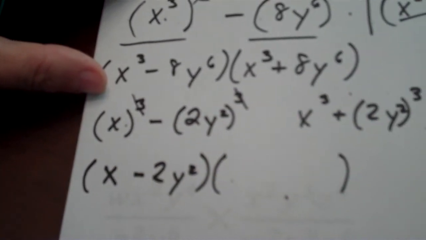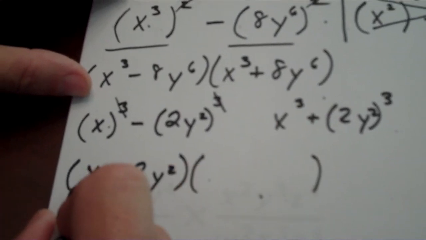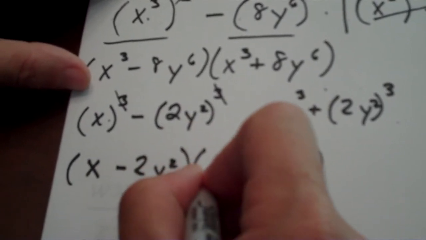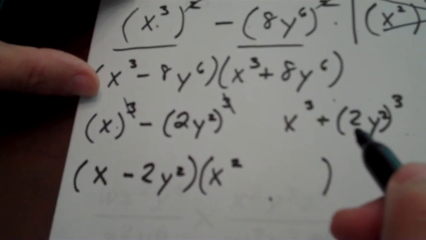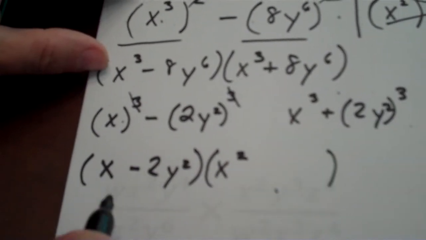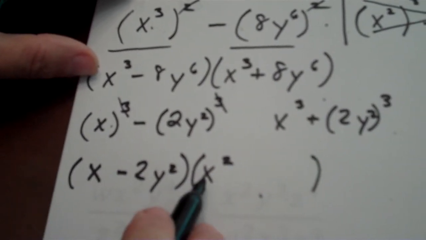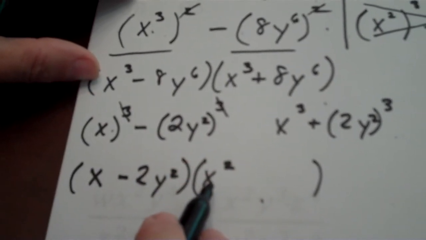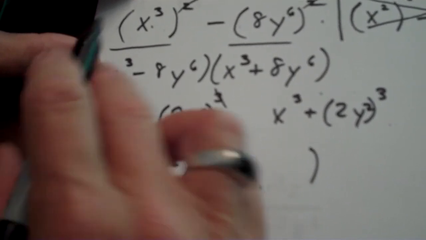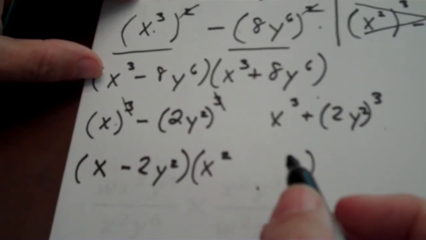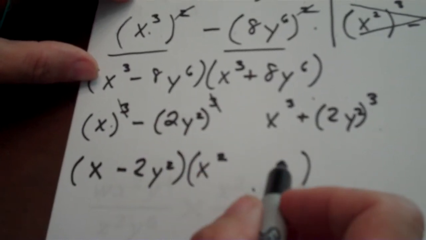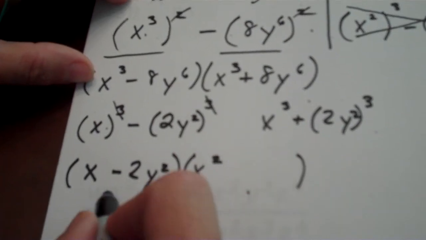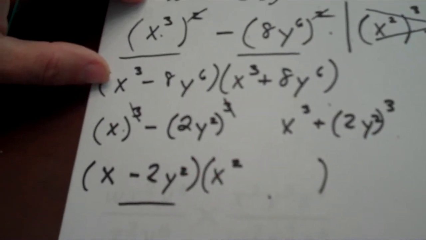Now, this is how I do it. I just square this one, and I get an x squared. To be honest, though, you can ask yourself, the first times the first gives me the first. So x times x squared would be x cubed. And as was the case before, you could do the last times the last, but honestly, I just square this guy.